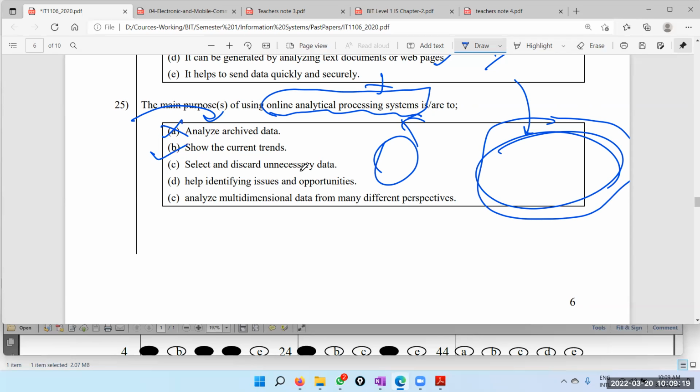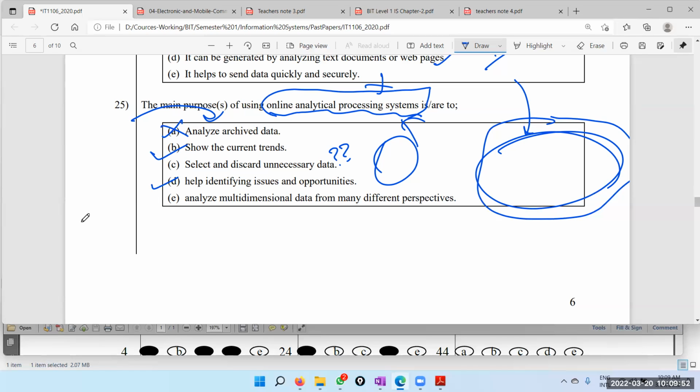Select and discard unnecessary data. Of course, you have to do that, but I don't know whether it's one of the main purposes. I don't know whether the examiner will take it. Help identifying issues and opportunities. Yes, right. Opportunities and issues we can see by analyzing the data. Analyze multidimensional data from many different perspectives. Yes, whether it's data mining or online analytical, that is one of the ideas.